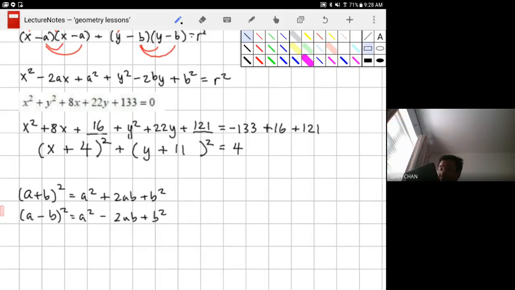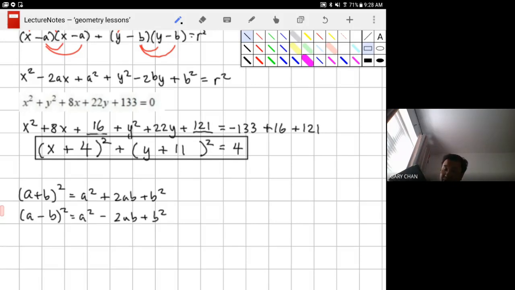Gentlemen, this is the equation. What's the center of the circle? Is it positive 4, positive 11, or is it negative 4, negative 11?